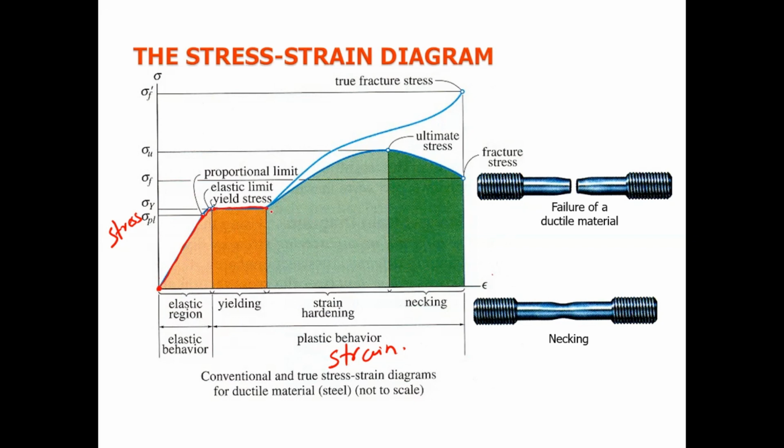Then we have to apply more load, and it will go to the ultimate stress. Then it reaches the fracture. This point is known as the fracture point, and this is the maximum stress it carries. So this is called ultimate stress, and this is fracture stress.